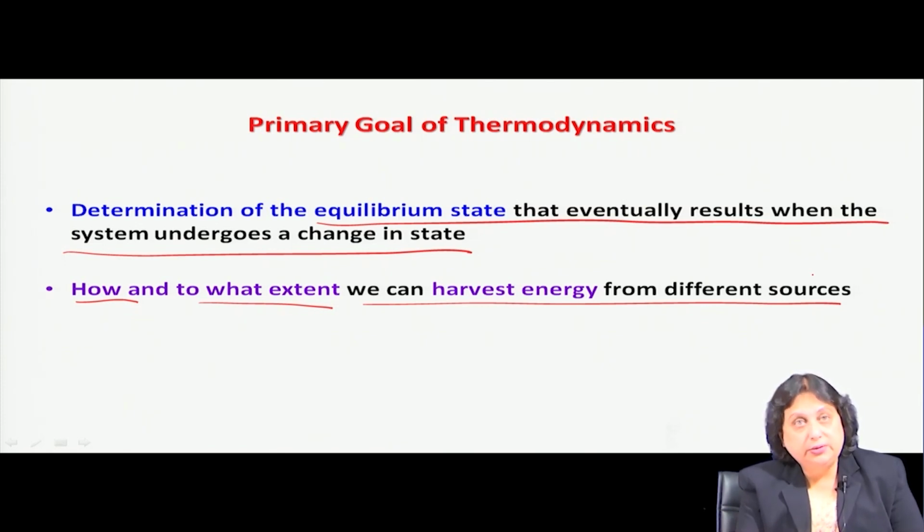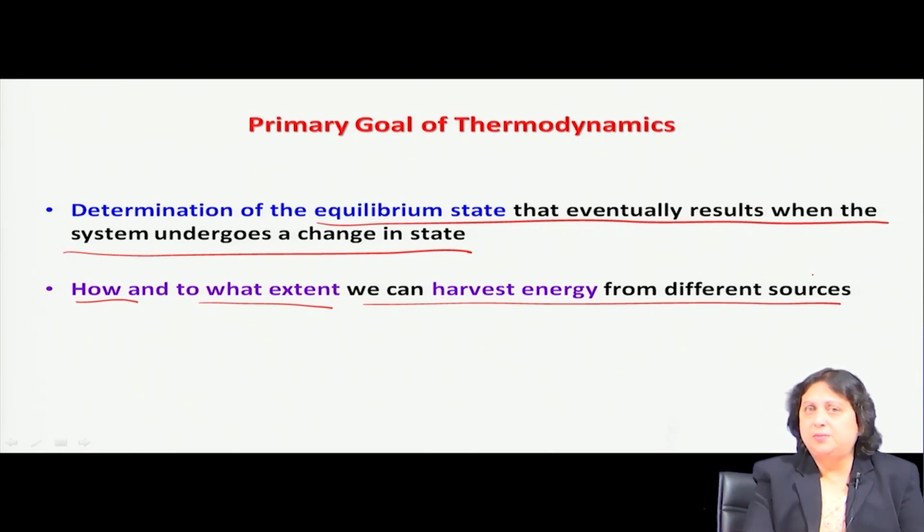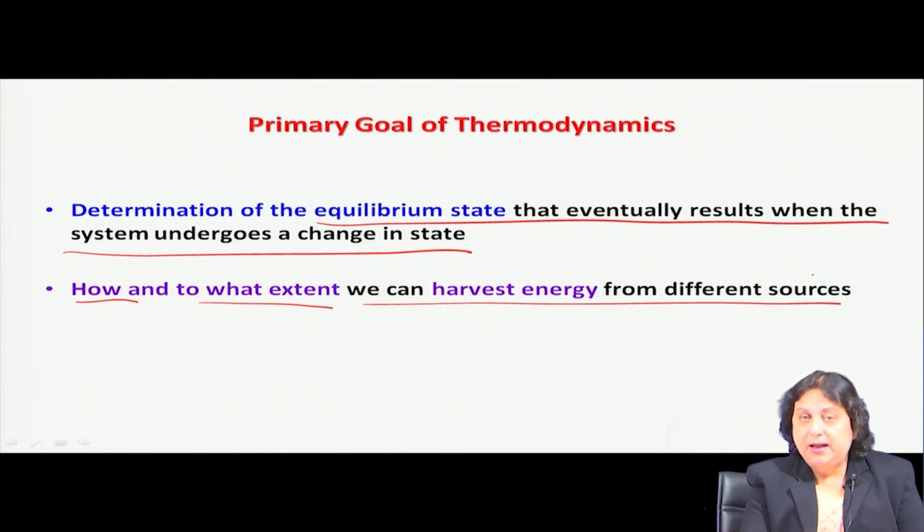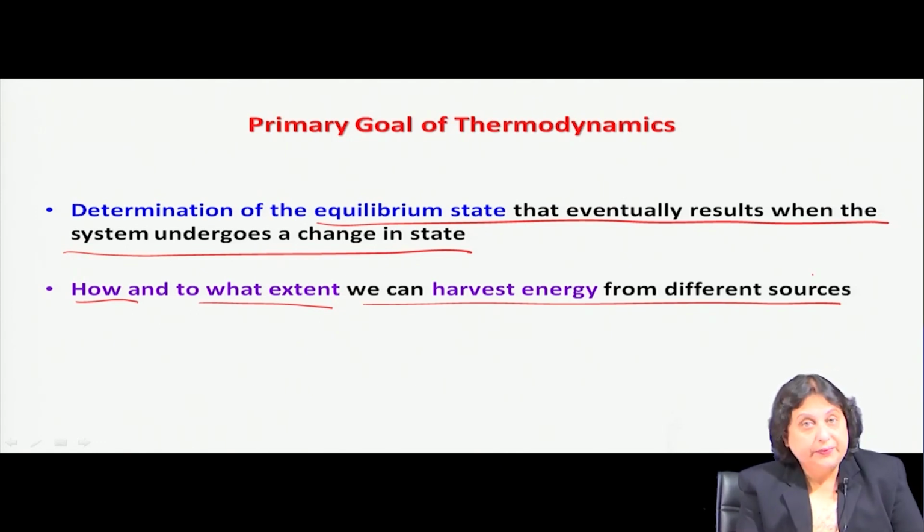And in order to do that, we need to understand that if I am recruiting a machine today and putting it in action to do some useful work on my behalf, then how do I do it?